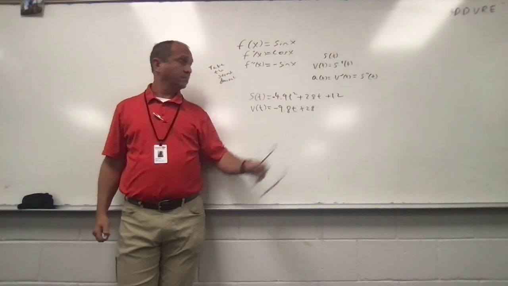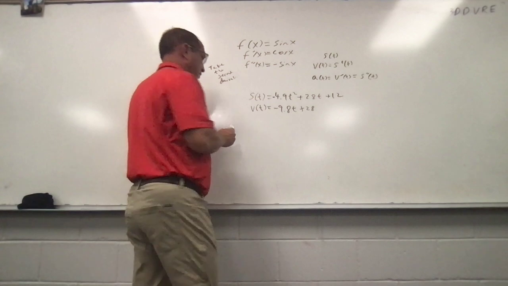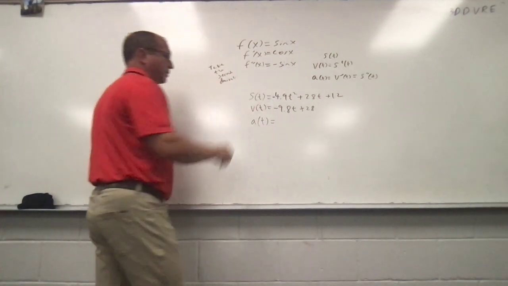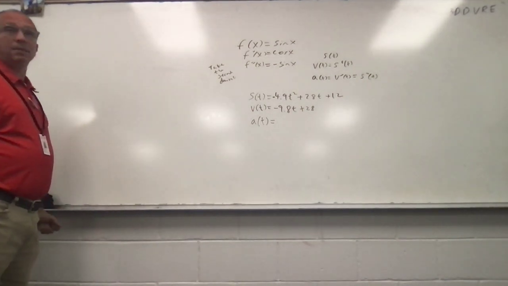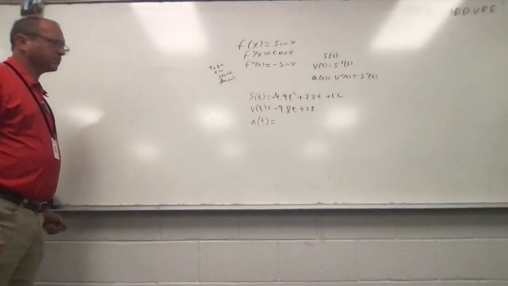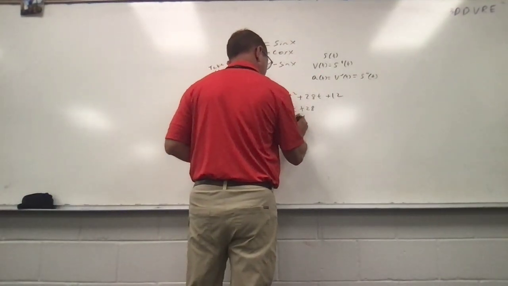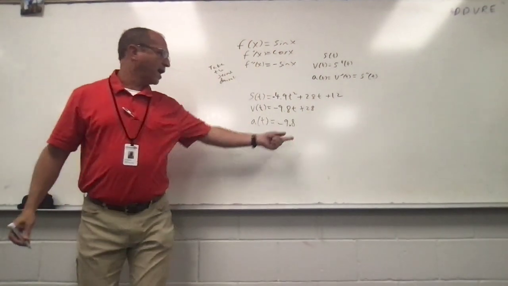Any questions there? All right, so now, if I want to know the acceleration, A of t is what, the derivative of that negative 9.8 t plus 28? Negative 9.8. Now, the interesting thing about this is, what do we not have here?